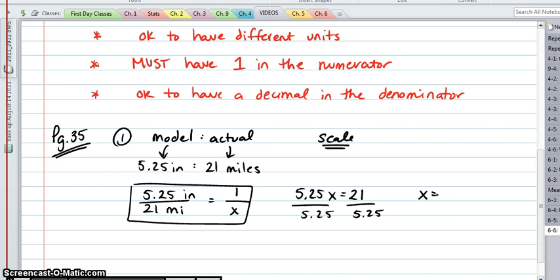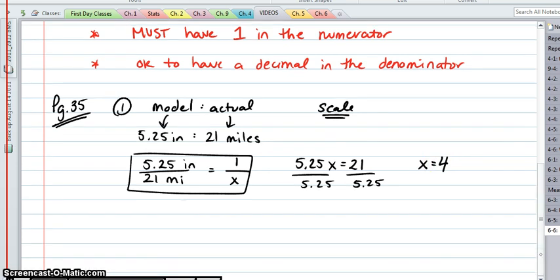And what do we get? We get 4. So with the scale, let's go ahead and list the units. So we know that for every 1 inch on the map, we have 4 miles. Okay, so that is the scale.